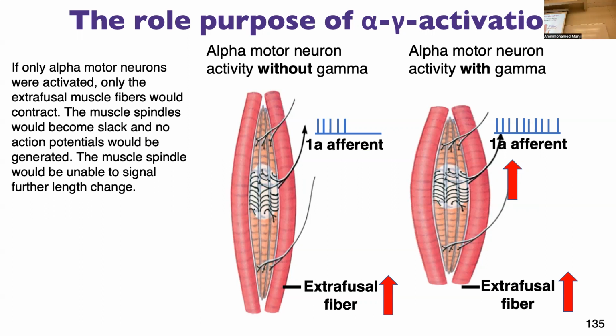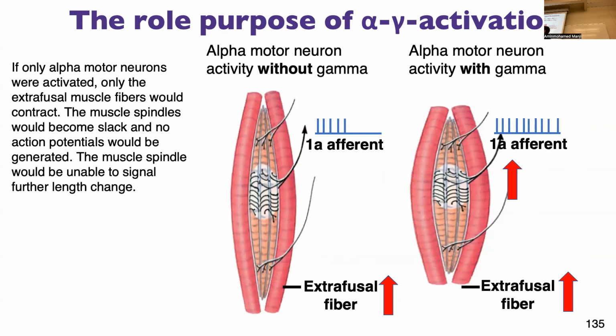So in this example, if the whole muscle is shortening, what happens to the inner fibers? It's basically going to go like this. Okay, because the inner fibers, without alpha gamma coactivation, are not having any signal taking place to them. Once the whole muscle shortens, the fibers basically do something like this. Okay, they become limp, and there's no length to this. This is why you're not sending any information to that 1A afferent fiber anymore. No information is going to the brain because there's no length here.